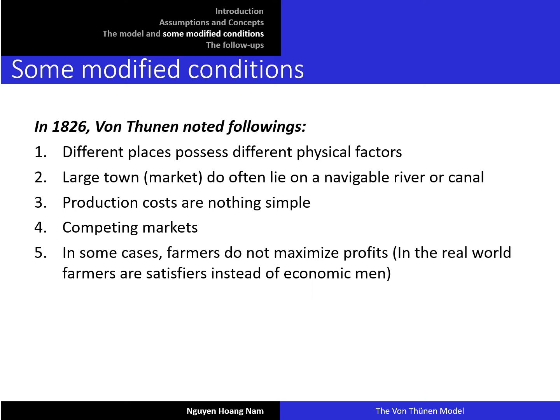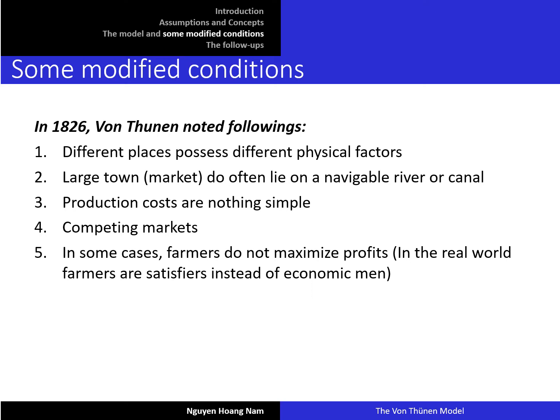And in some cases, farmers do not maximize profits. And this part I already explained in the last lesson. There are many farmers that just follow each other, and they follow what they believe, or they follow their preference. They don't do economic analysis or market analysis to see what is really the most beneficial choice.